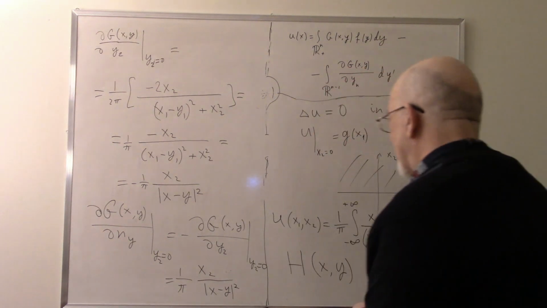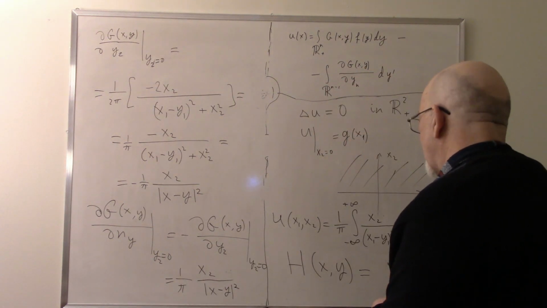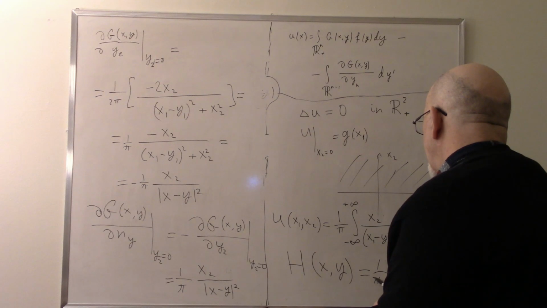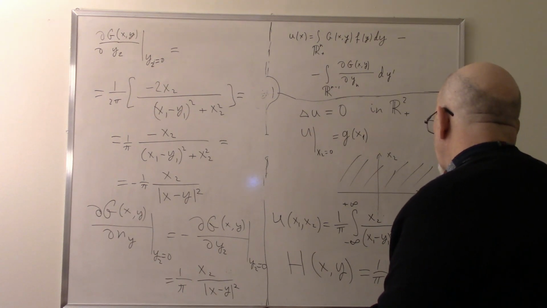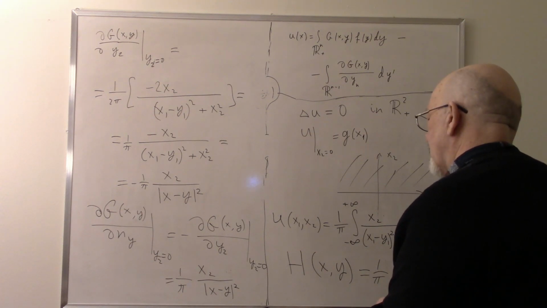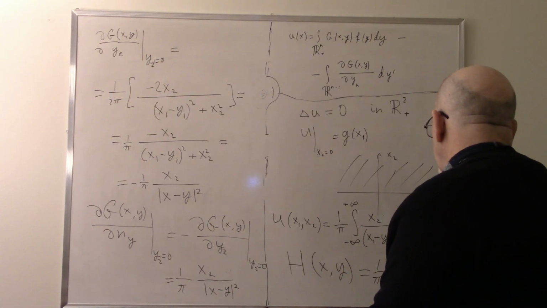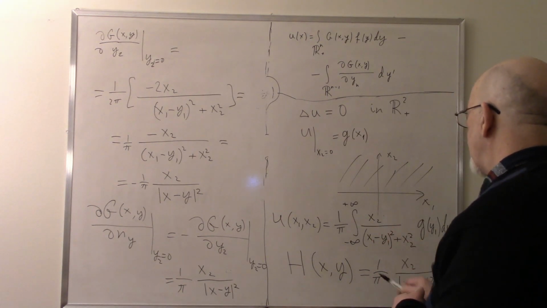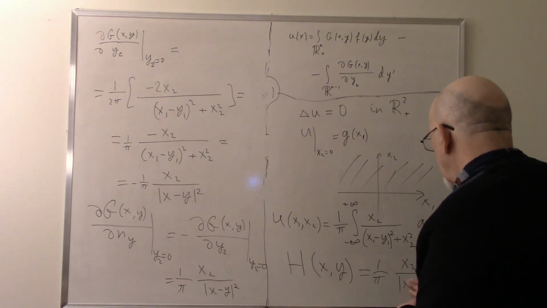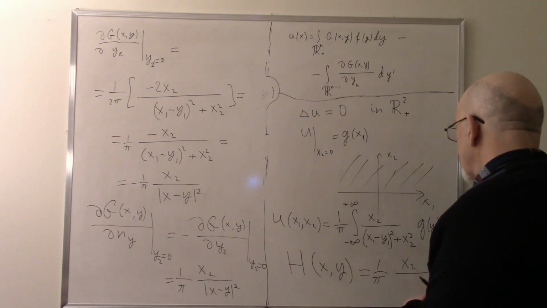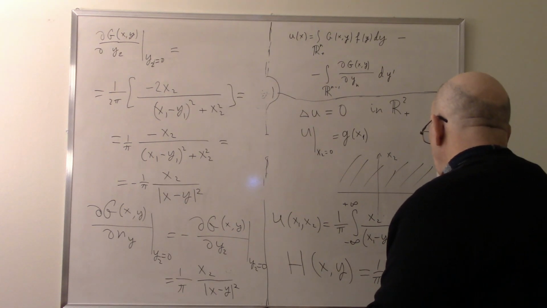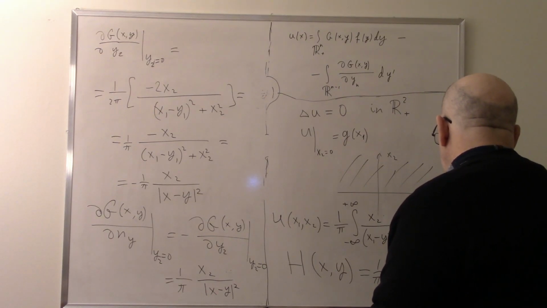Now in this case, h of x, y equals 1 over pi x2 over (x1 minus y1) square plus x2 square.